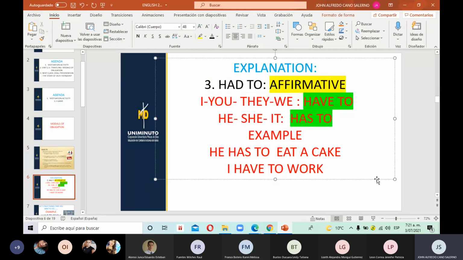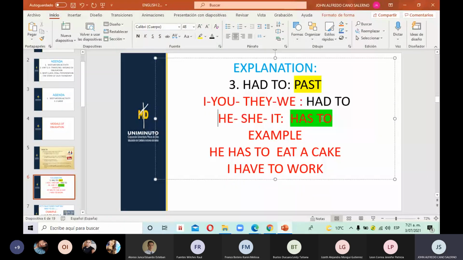Okay, here we have had to. Okay, in past. Had to. So had to, it's like in Spanish, tuvo que. Okay, tuvo que in past. Okay, had to is used with all personal pronouns.